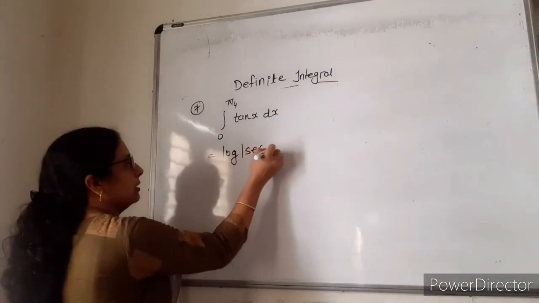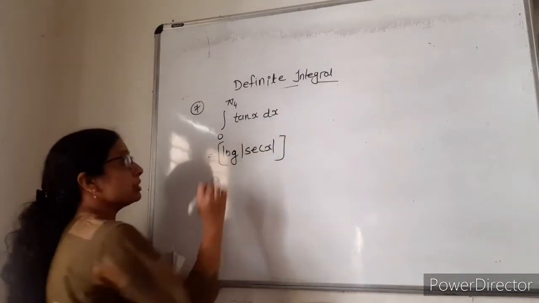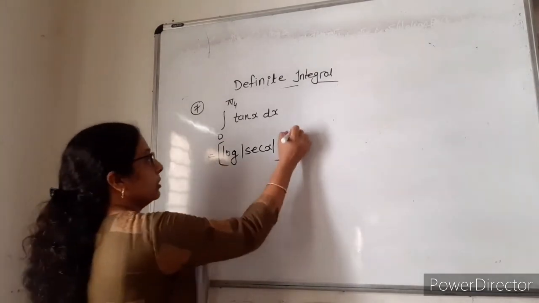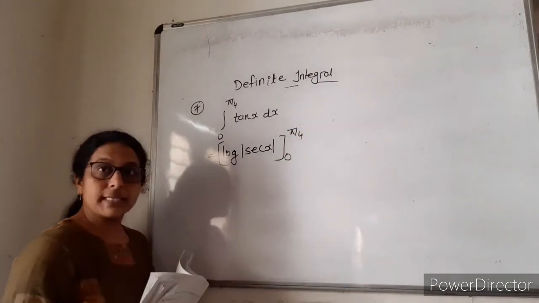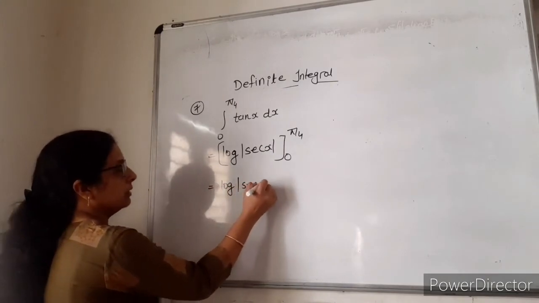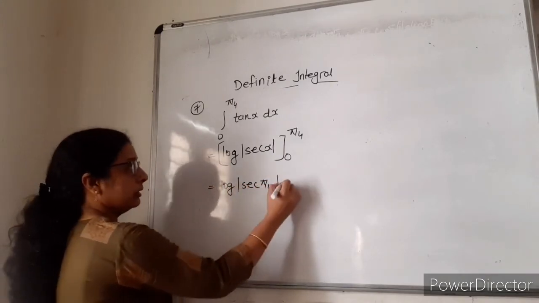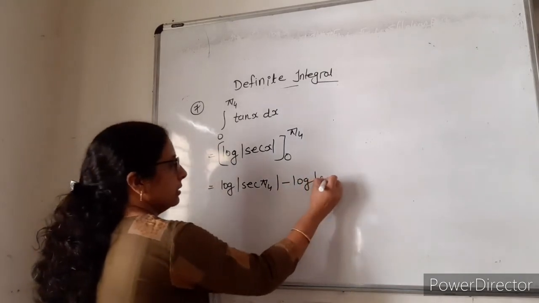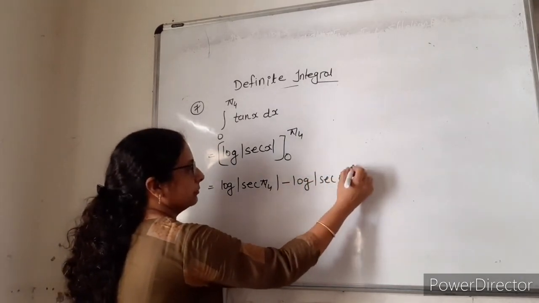Log mod sec x is the integration of tan x, and 0 to pi by 4 is given here. That is log mod sec pi by 4 minus sec 0.